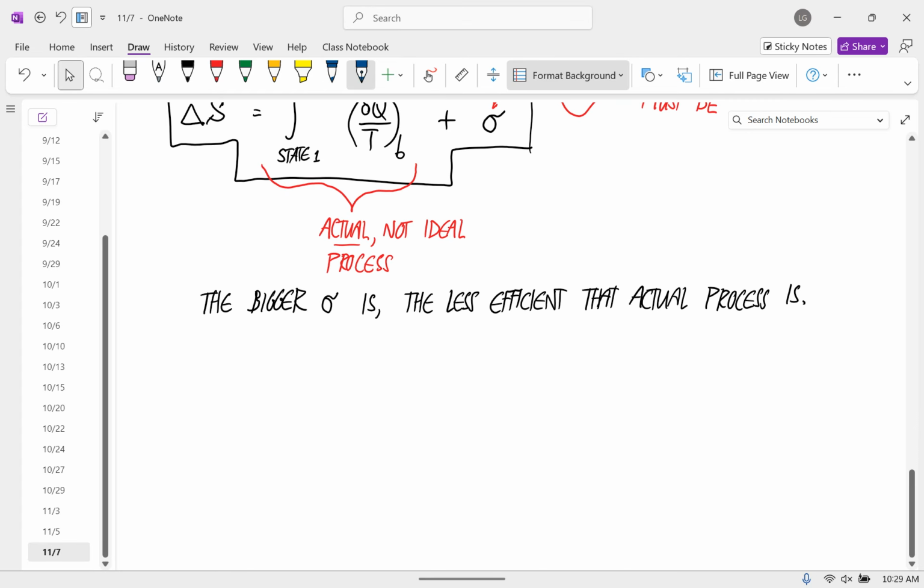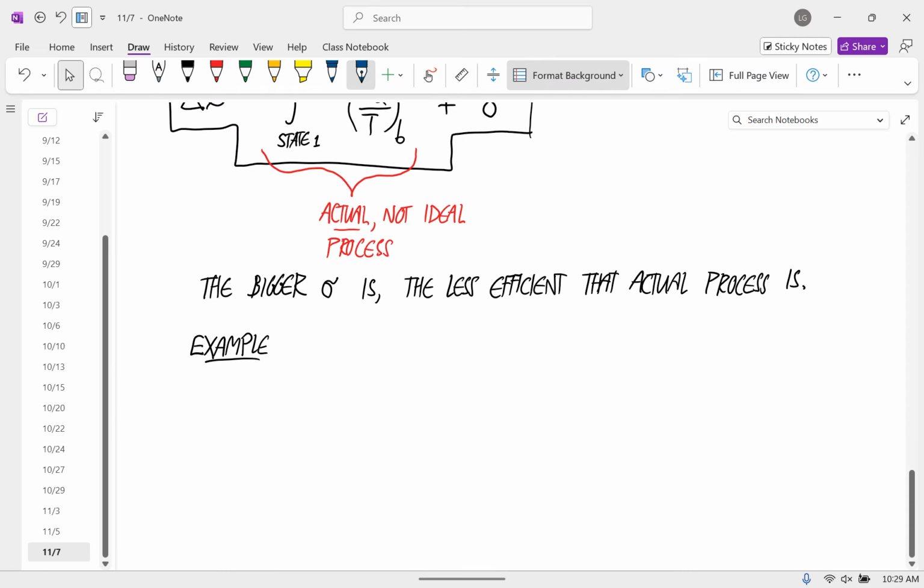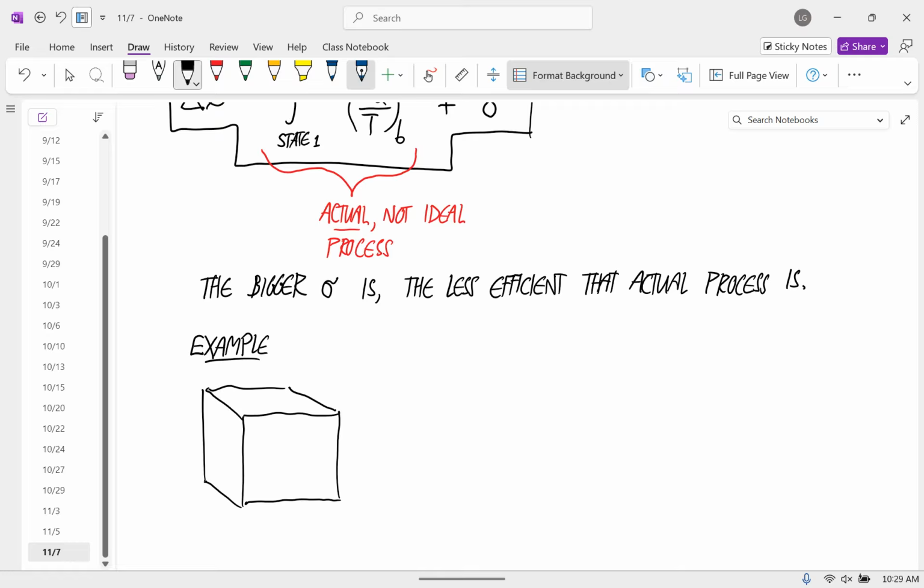Okay, so let's do an example and calculate produced entropy. Let's say we have a gearbox. It's just this closed box. We've seen something like this before. Inside there are two gears in contact with each other.